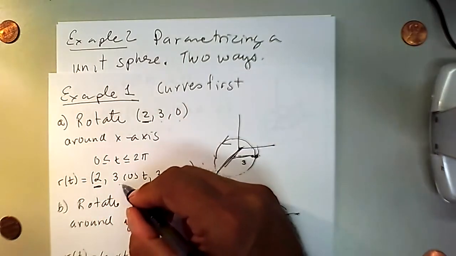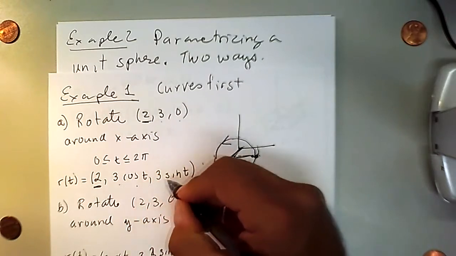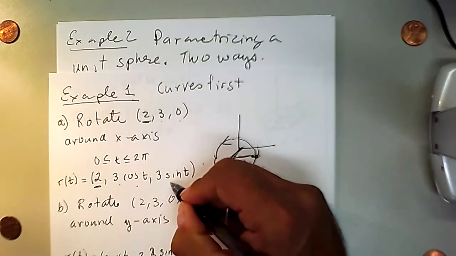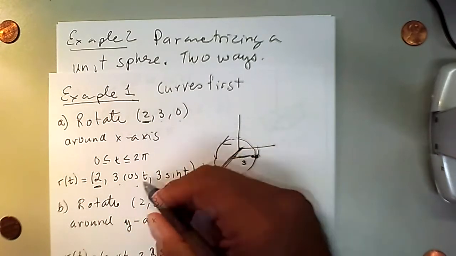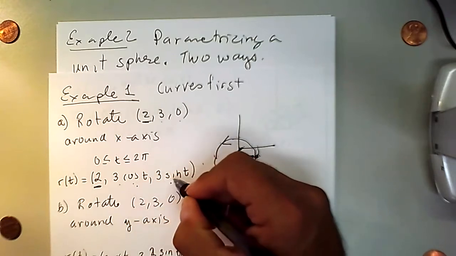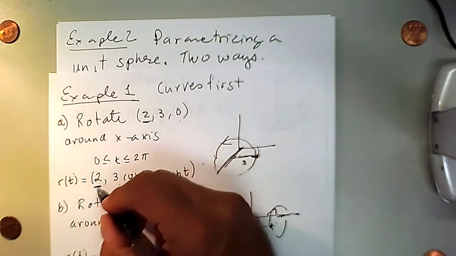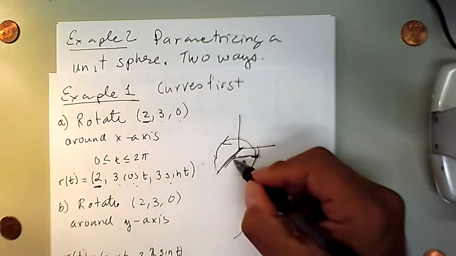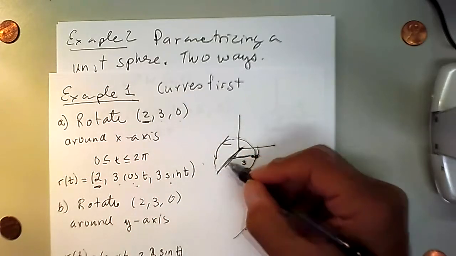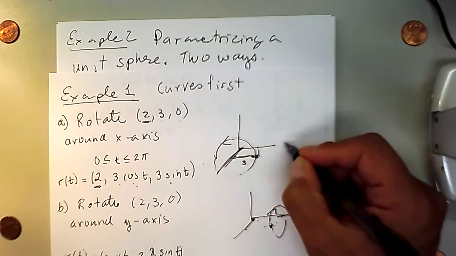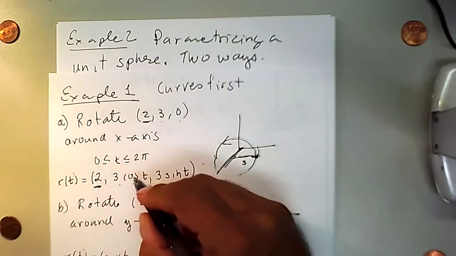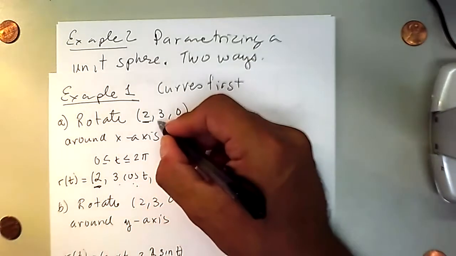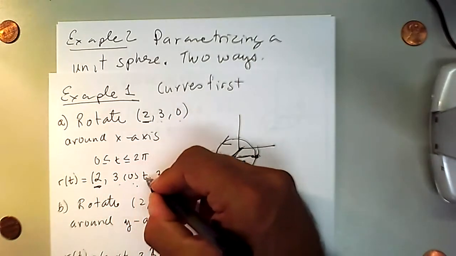And that something, we put cosine of the variable, and then we reproduce the same kind of setup as in here, but with the sine instead. We kept the 2, the first coordinate, fixed, which makes sense because the circle is parallel to the YZ plane. So keep the first coordinate fixed. On the second coordinate, add cosine.